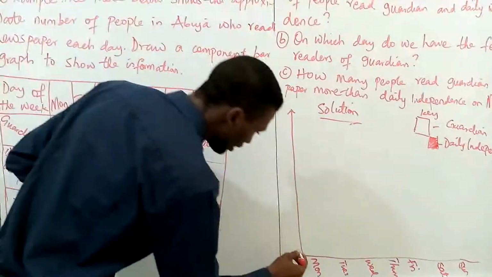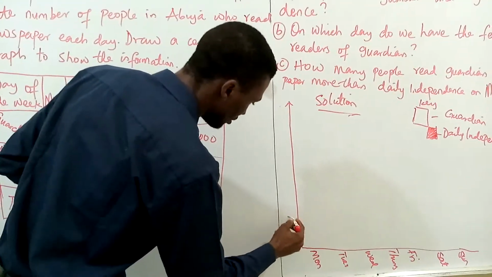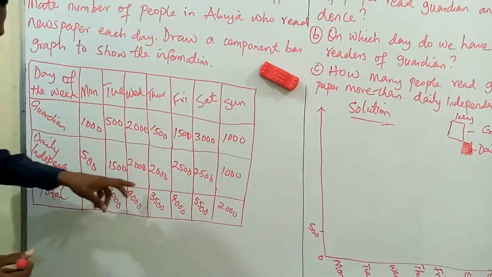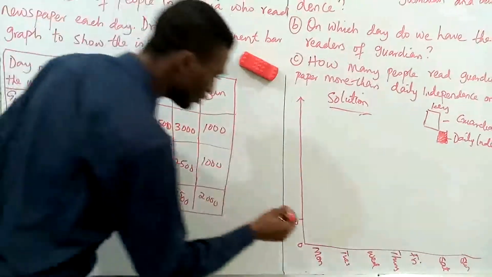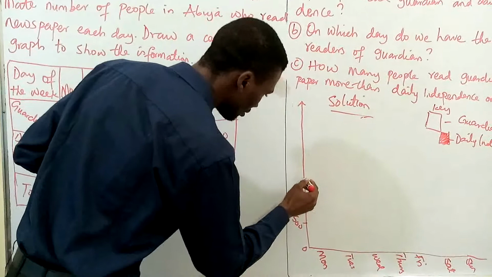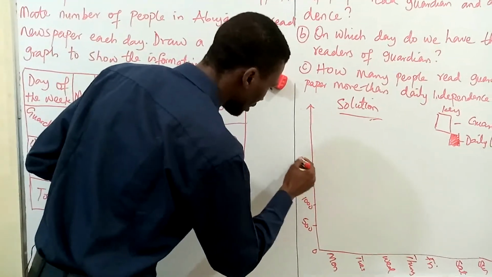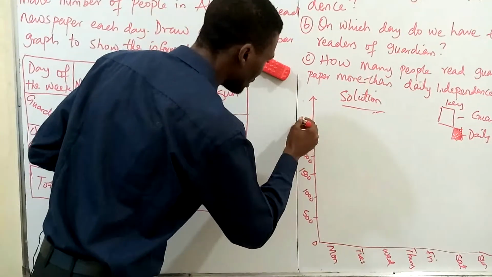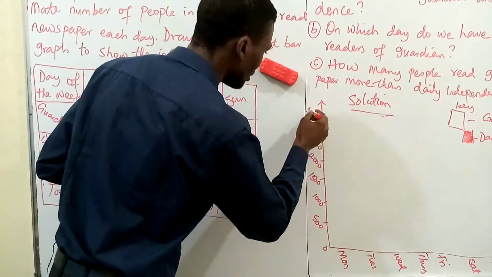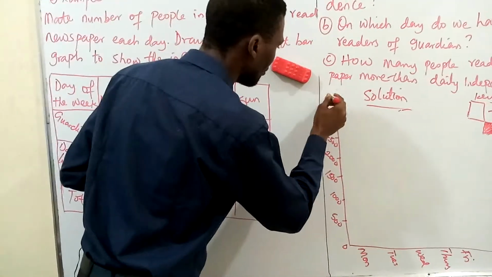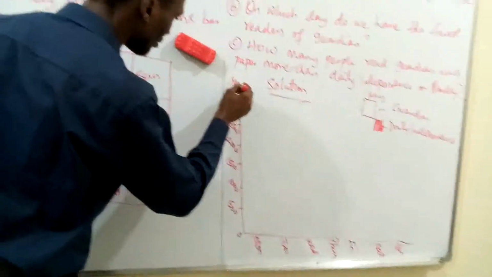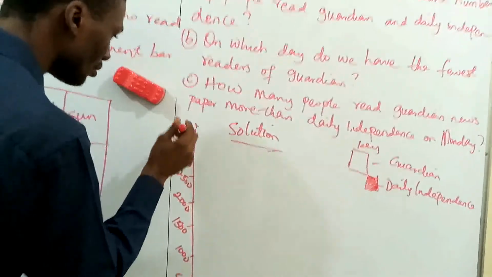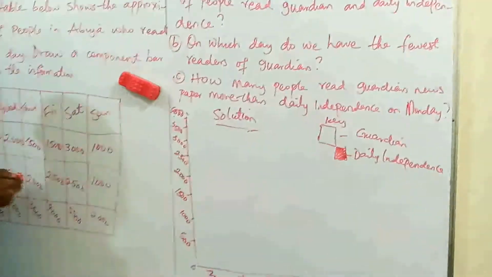Now for our vertical axis, we have 0, then since we have numbers here, we read from 500: 500, 1,000, 1,500, 2,000, 2,500, 3,000, then 4,000.